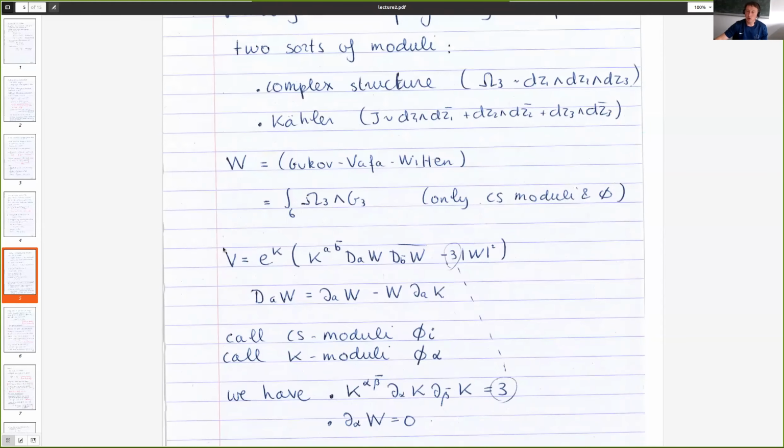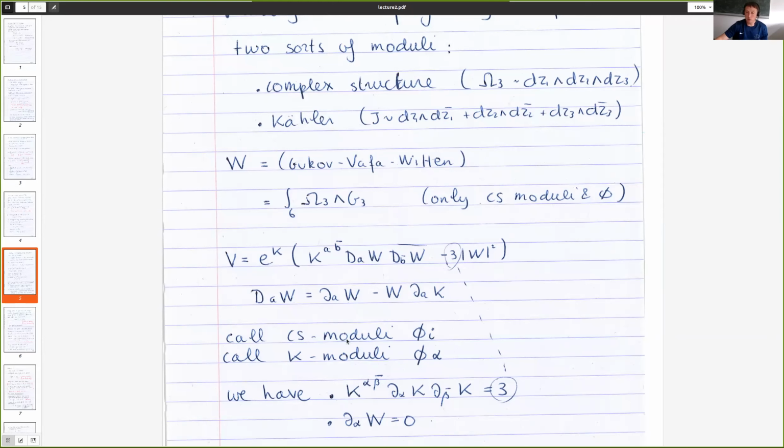And then let me remind you what the general formula of a scalar potential in terms of superpotential and Kähler potential is. It is e to the K times the inverse scalar metric, then there are these covariant derivatives on the superpotential, minus 3 times the absolute value of the superpotential squared, right?